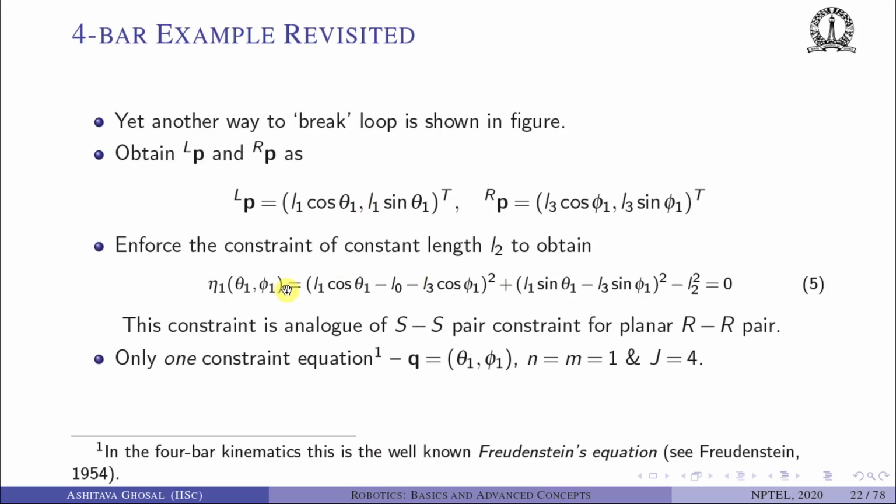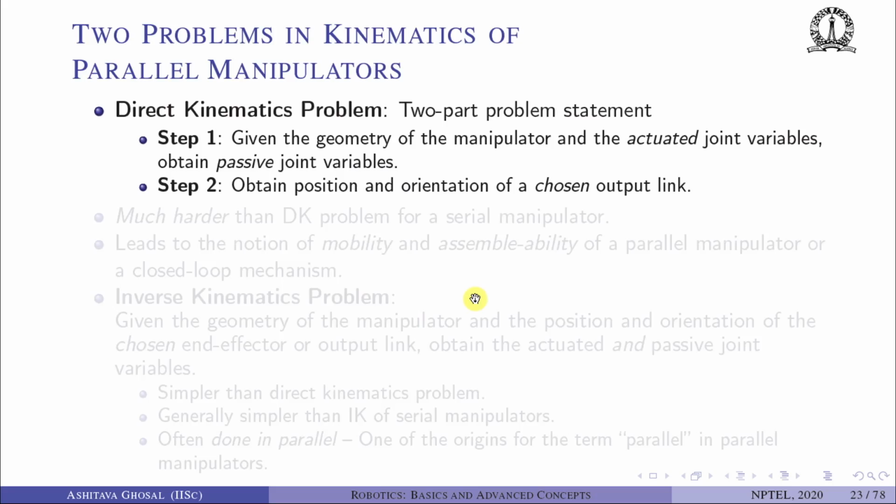For example, in this equation, if you are given theta 1, we can use the equation f(theta 1, phi 1) equal to 0 to obtain phi 1 somehow. One equation, one unknown. We need to do some more work to obtain the other 2 passive joint variables. Nevertheless, we can obtain all the passive joint variables.